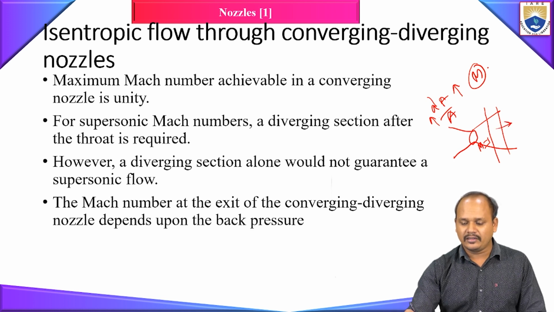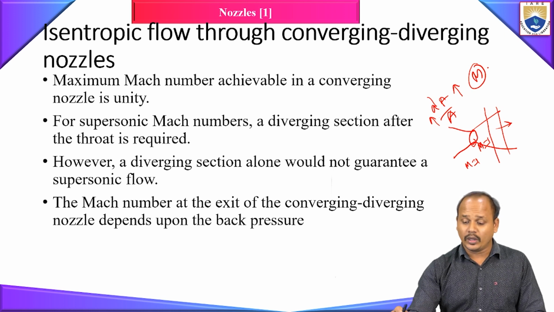So that means at this throat location we'll have M equal to 1, and by connecting the divergent section, we will be able to get the supersonic flow. So for achieving supersonic flow, first you need to have the choking condition at the throat location, that is, M equal to 1 should be achieved.